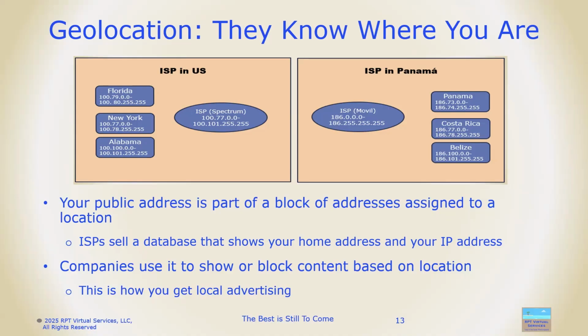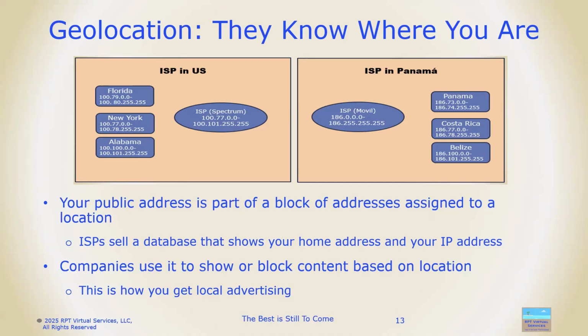Most ISPs will sell your address based on your actual locality. So in the US, it'll show your physical home address and your IP address. And so this is how they can find you if you're on an IP address. And companies use this information so that you can get local addressing.